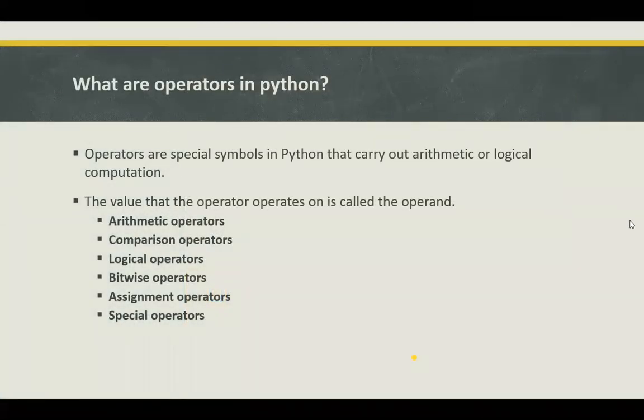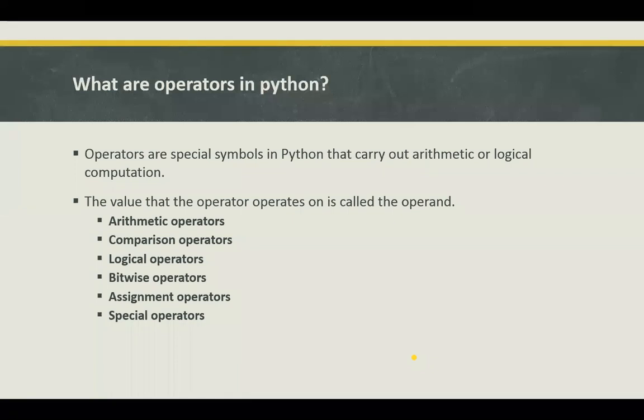So what are operators in Python? Operators are special symbols in Python that carry out arithmetic or logical computation. Already you have used all these types of operators in C programming: arithmetic operators, comparison operators, logical operators, bitwise operators, assignment operators, special operators.